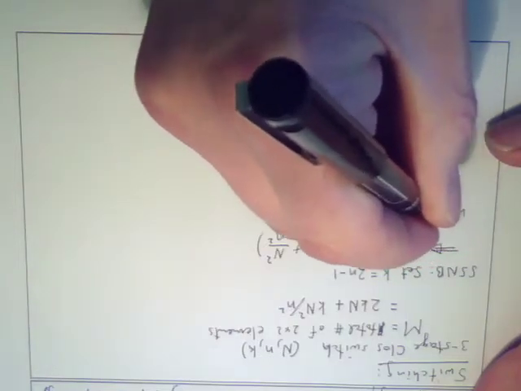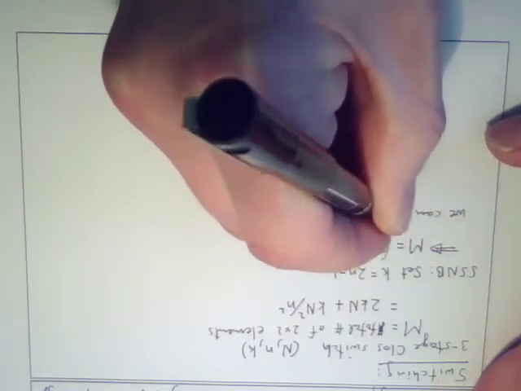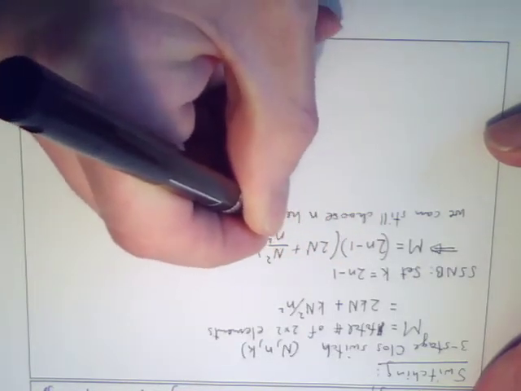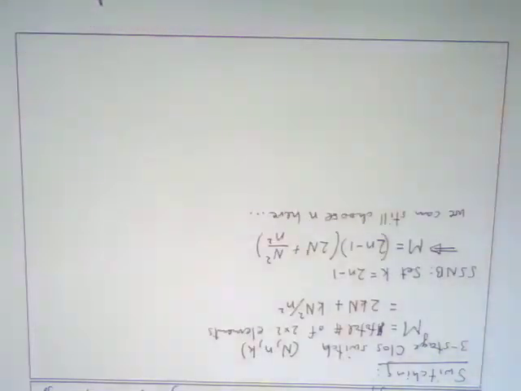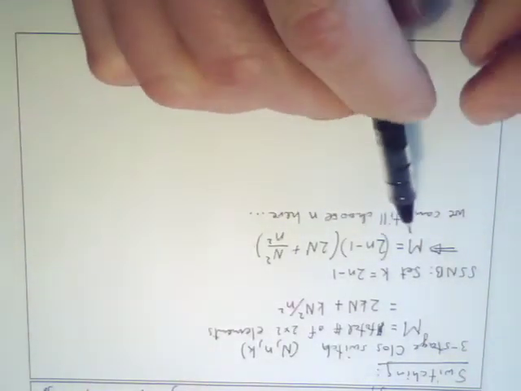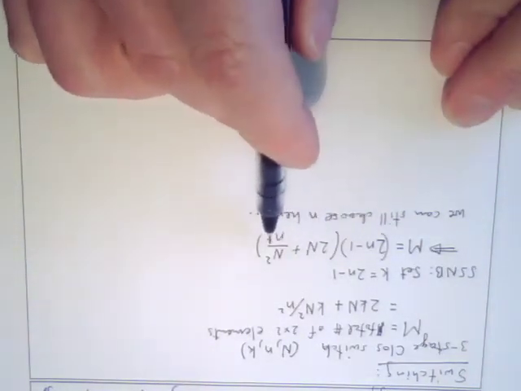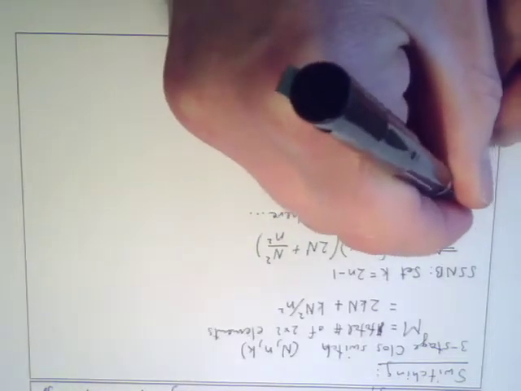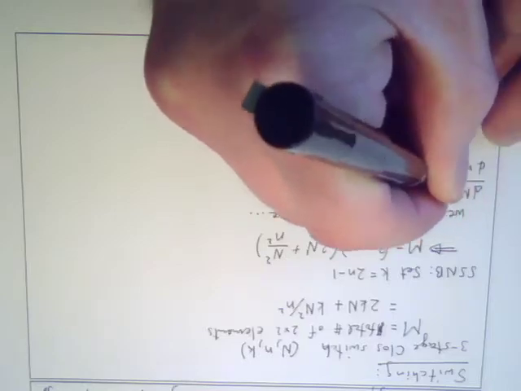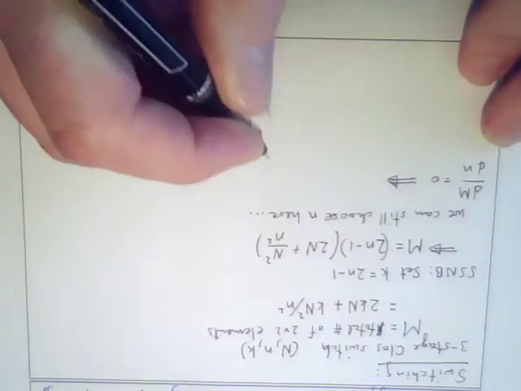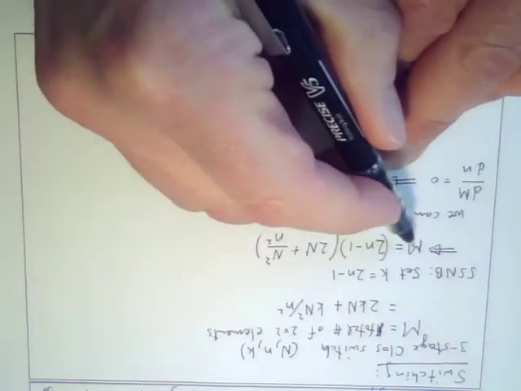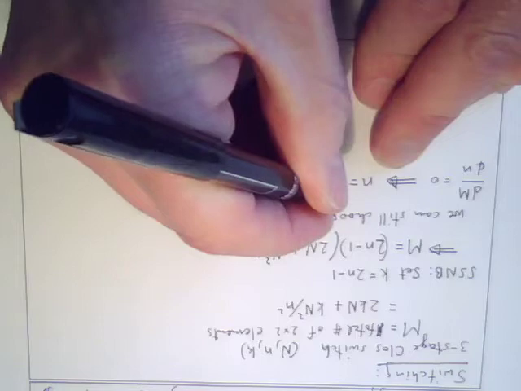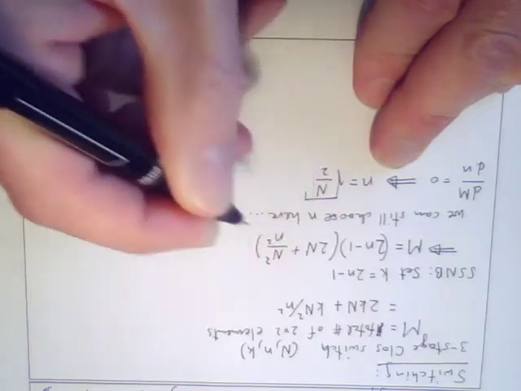And so what we're going to do is take this equation and differentiate it with respect to little n and set it equal to 0. And that will give us the minimum number of total switching elements, capital M. And that gives us that n is equal to the square root of big N over 2.